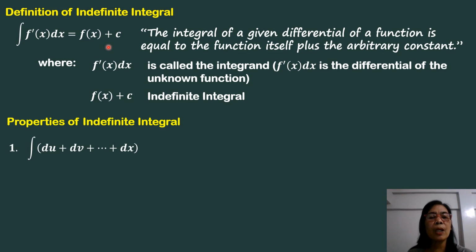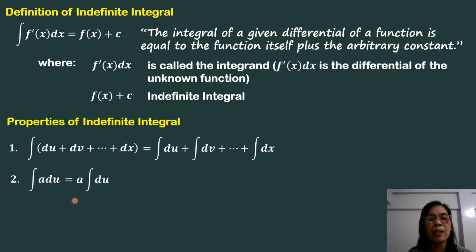The first property is if you are going to integrate two or more differentials, you just get the sum of the integral of each term. So integrating a sum of differentials is equal to the sum of the integral of each differential. The second property is if the integrand contains a constant factor, you just write the constant factor outside the integral sign, then proceed with integrating the remaining differential.